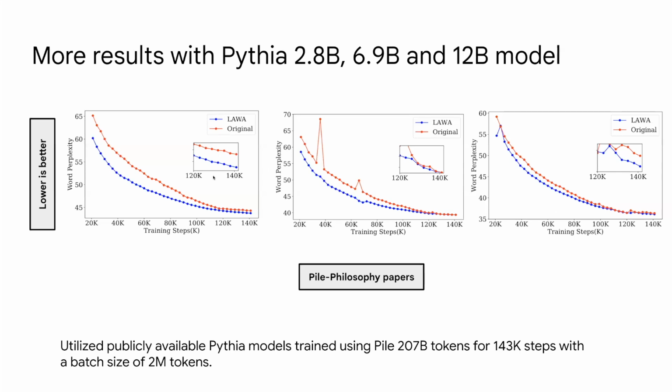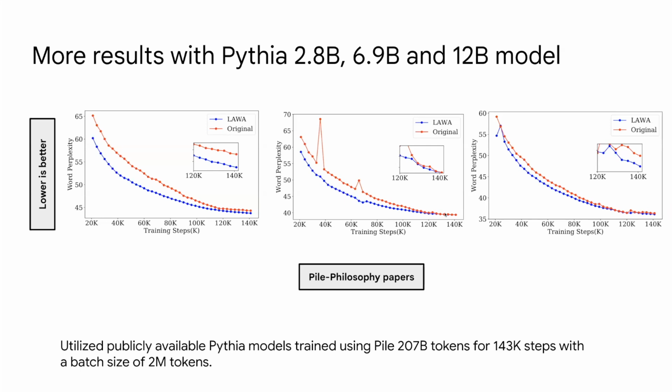As you see, the 2.8 billion parameter model performs reasonably similarly to the 1 billion parameter model we saw in the previous slide. Everything here is the same validation set, which is Pile philosophy papers, and there are more plots in the paper itself.